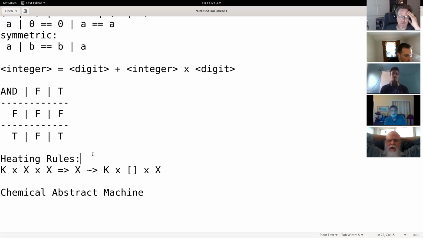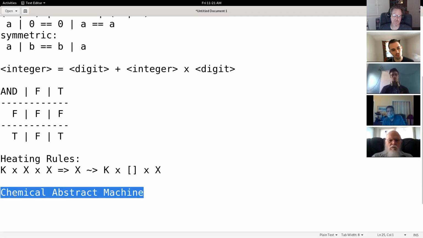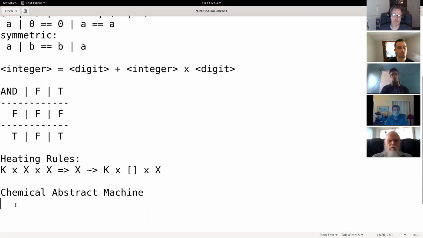Yeah, so like I said, disclaimer, I've never read the chemical abstract machine paper, so I'm not 100% sure what's actually written in that paper, but I heard a lot of people talk about it, and my understanding is that the big perspective change that came about with this chemical abstract machine was thinking about process calculi as chemical reactions, basically.